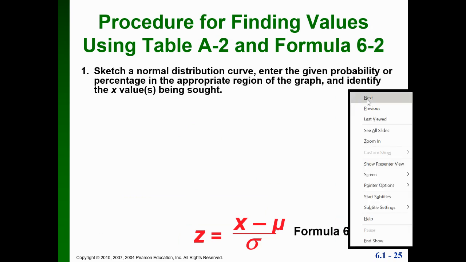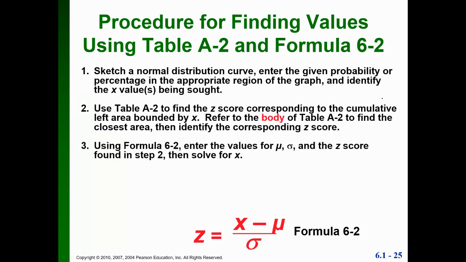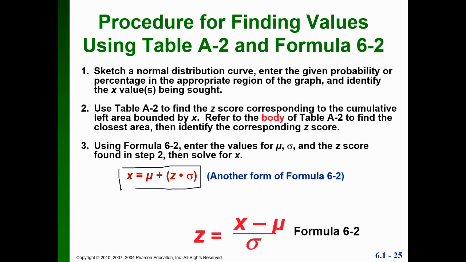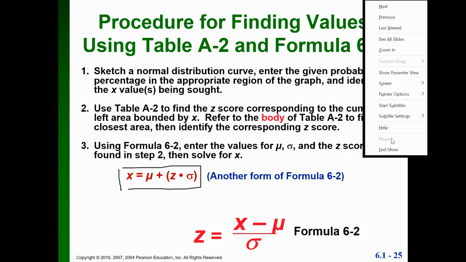Let me just flip through these to get to where I want to be. This is the formula you would use. Given a Z score, you wanted to know what X score that was, you would take mu, add to it the Z score times the standard deviation. So it gets to be a little tedious.